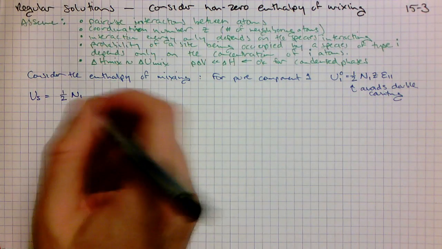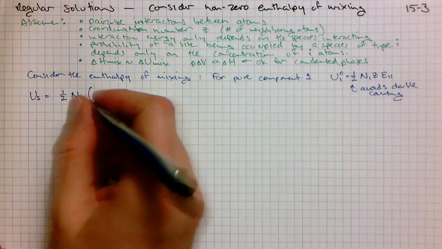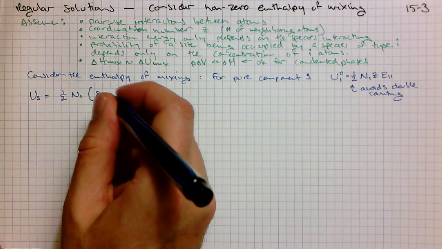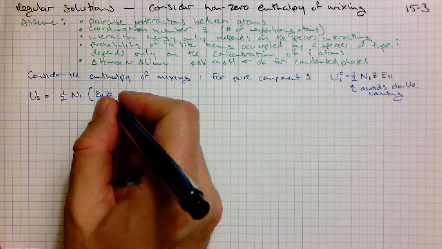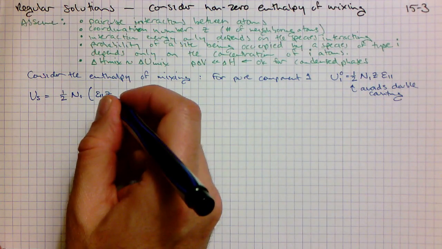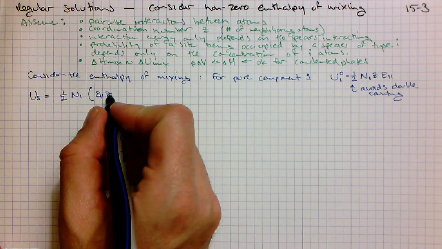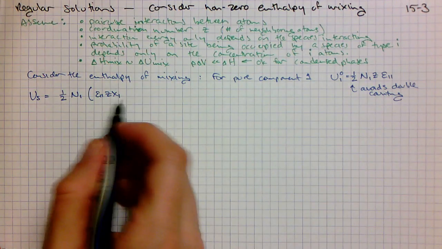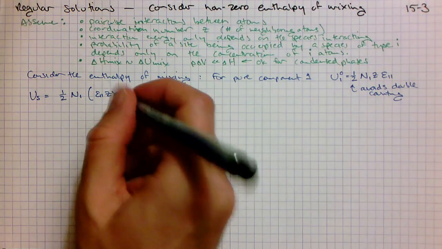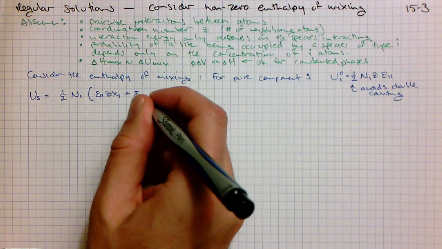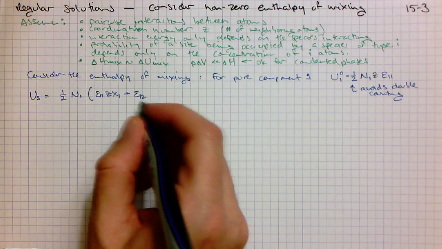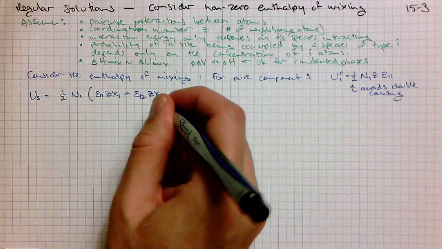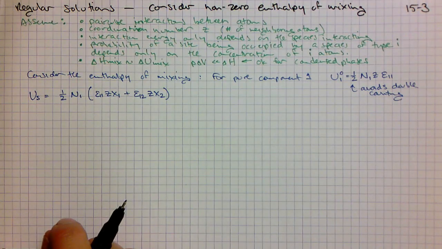The atoms of type 1 have interactions with other atoms of type 1, and the number of those we should expect is proportional to the coordination number times the fraction of type 1 bonds, and they may contribute to the energy due to neighbors that are of type 2, and the fraction of those we should expect would be the coordination times the mole fraction of type 2.